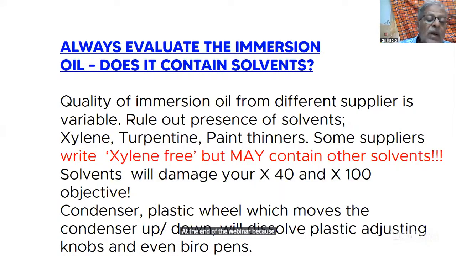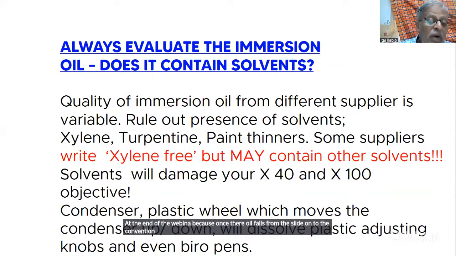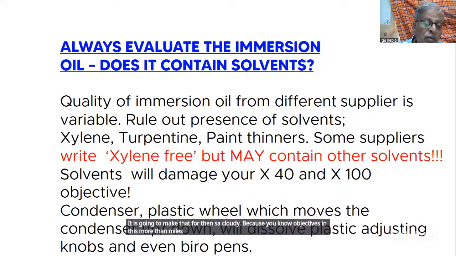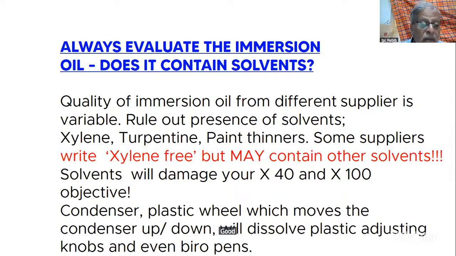Once the oil falls from the slide onto the condenser of an Olympus microscope, it is going to make that condenser cloudy, because the objectives in these modern microscopes are made of very fine, clear, glass-looking plastic.